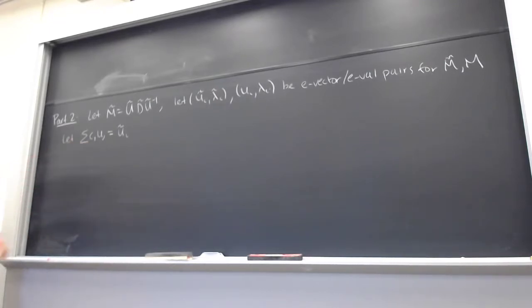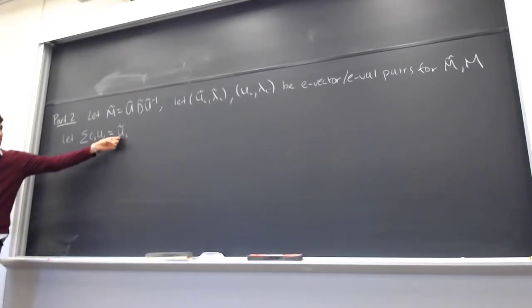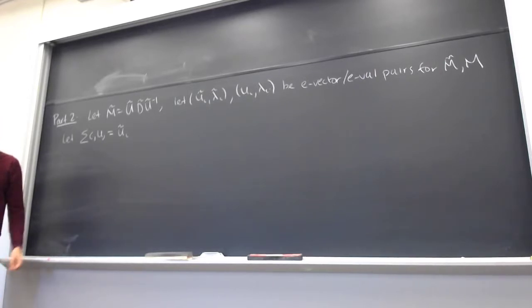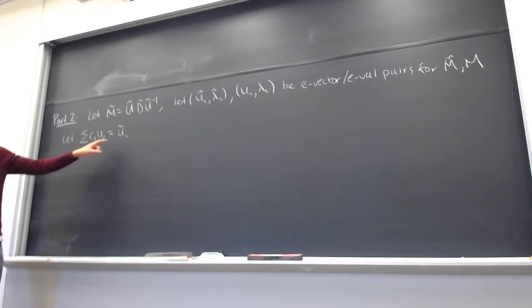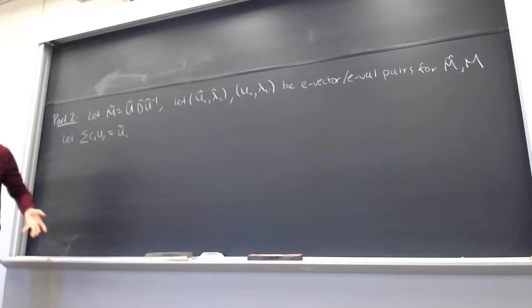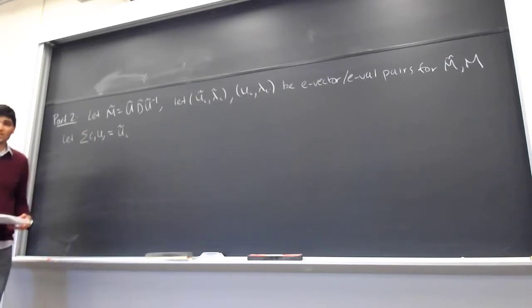And what we really want to reason about is the CJs where J is not I. We want to show that any such CJ has a very small value that we can drive to 0. That'll be enough to show that U tilde I is close to UI because they're normalized the same. They're unit vectors, so if we force all of the other things to contribute almost nothing, everything has to come from UI. So that's the basic idea.